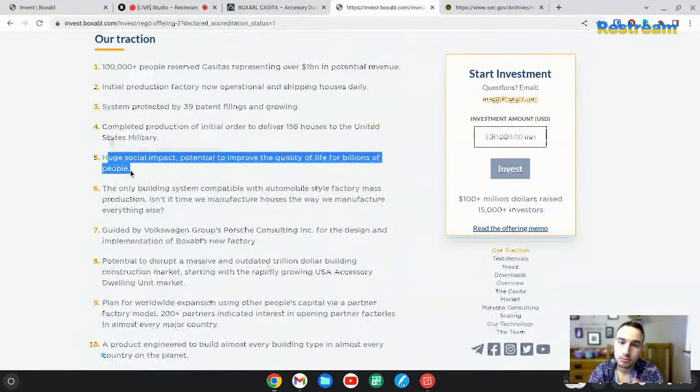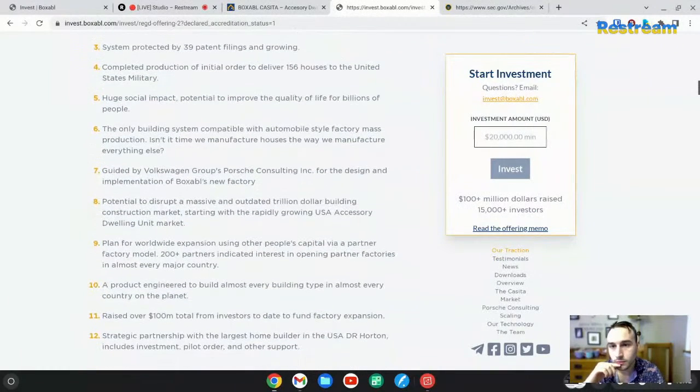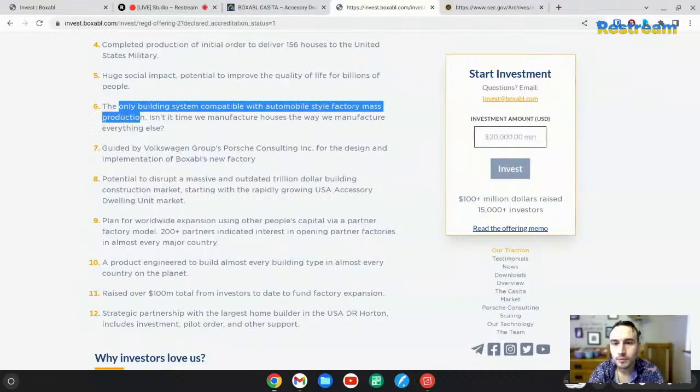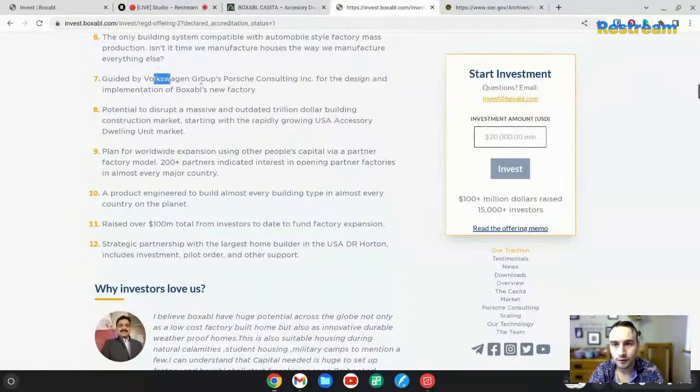Social impact. Okay. The only building system that is making automated mass production of housing. They've had help from Volkswagen, someone who would know. Disrupt the $1 trillion market.